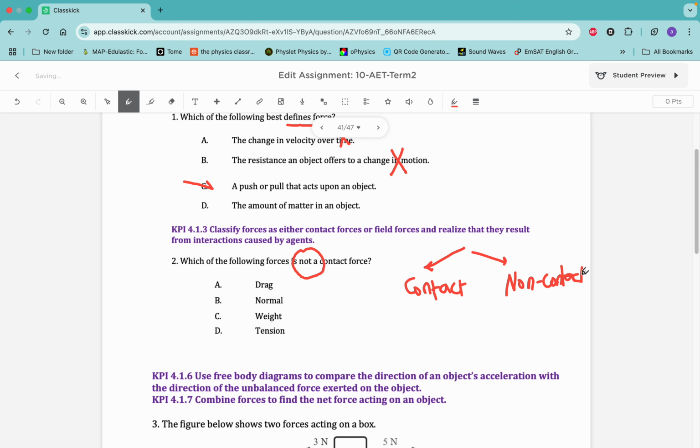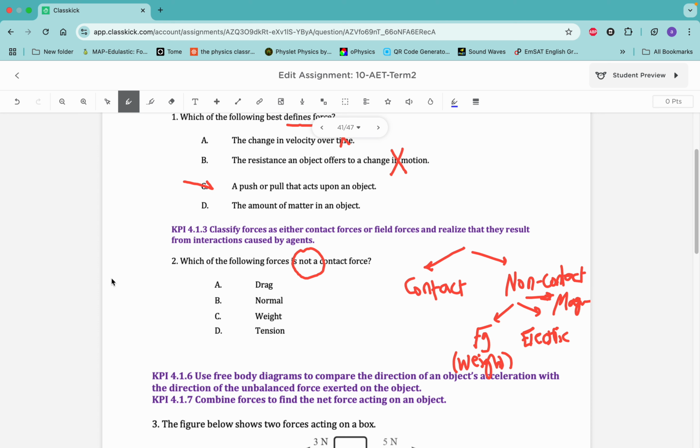So mainly the non-contact forces, or forces that don't require a direct touch, there are three. We have gravitational force, or sometimes we call it weight, we have electric force, and the magnetic force. So these are the main non-contact forces. Other than that can be considered as contact.